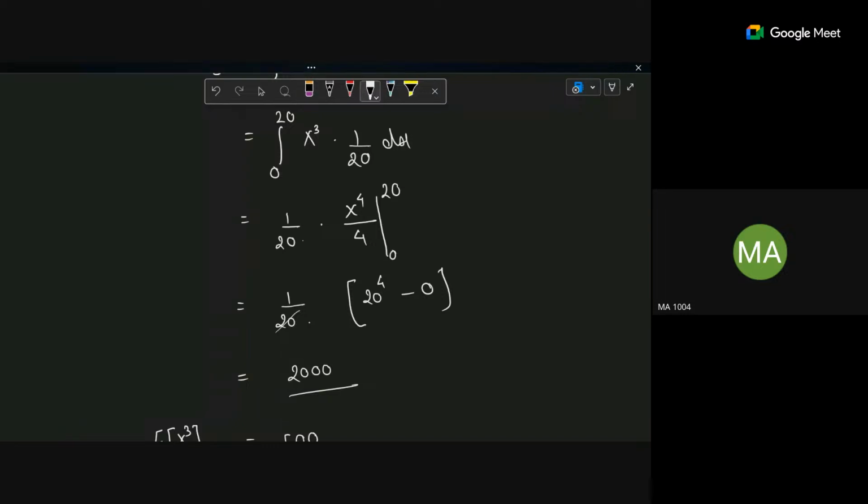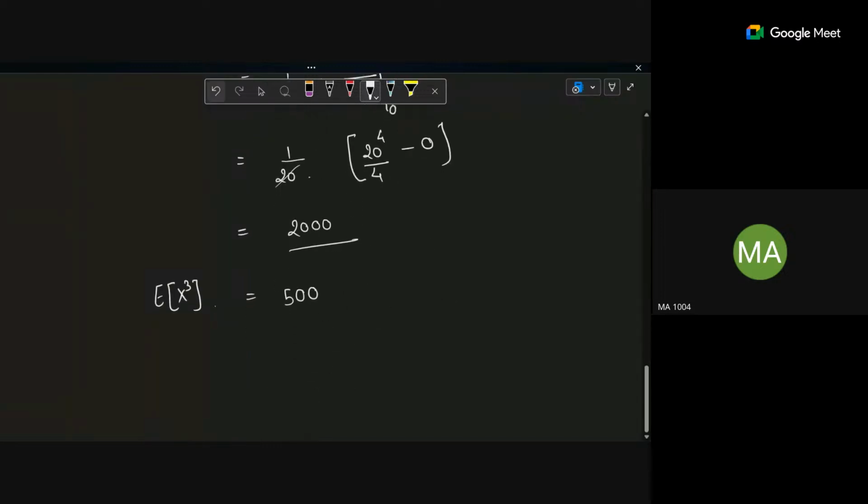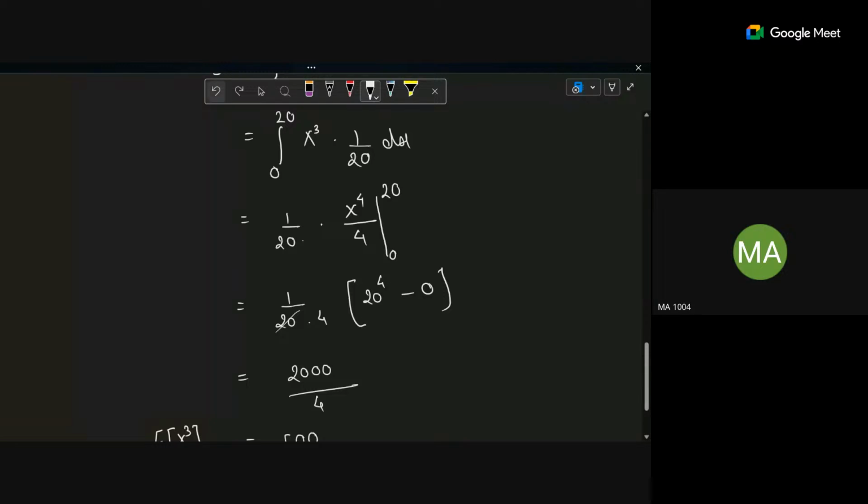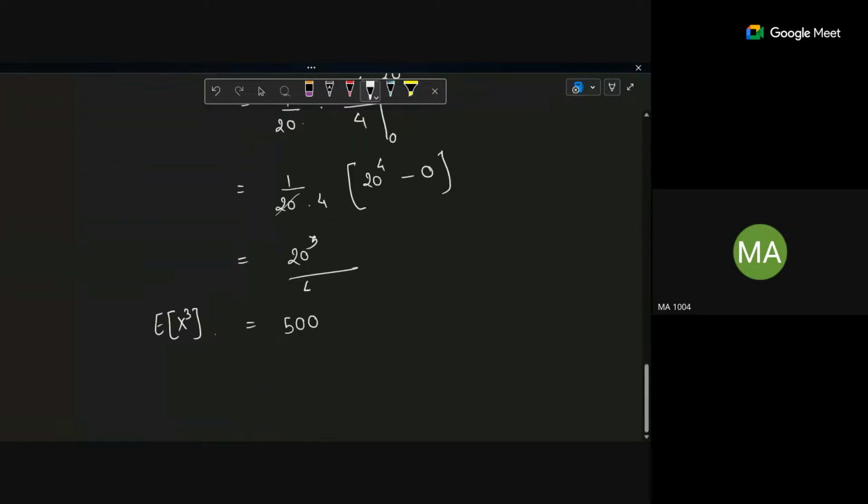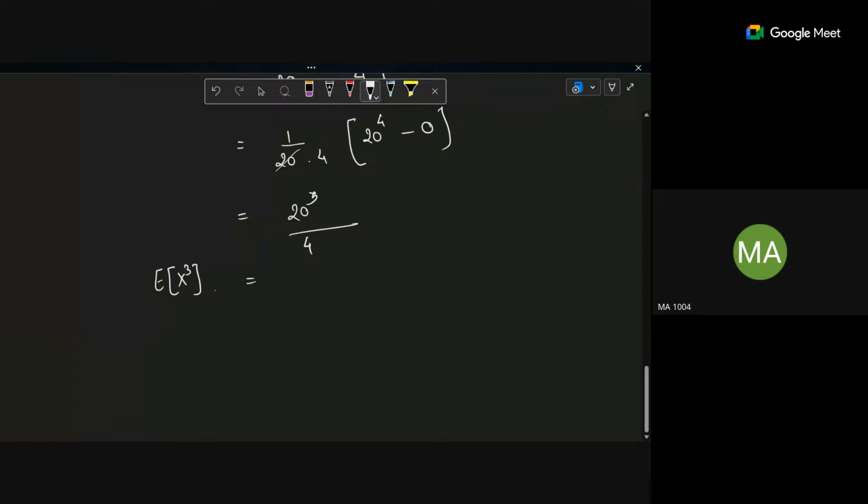Correct, it's not 1, it's 20 raised to the power 4. So here we are left with 20 cube by 4, right? 20 cube by 4 is nothing but 8000 by 4. So this will be 2000. That is the expected value for x cube.